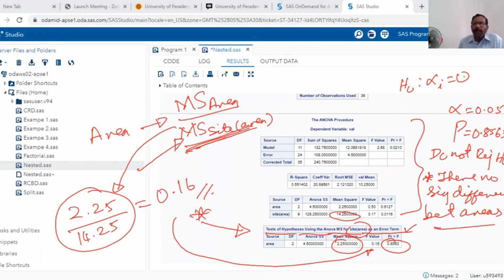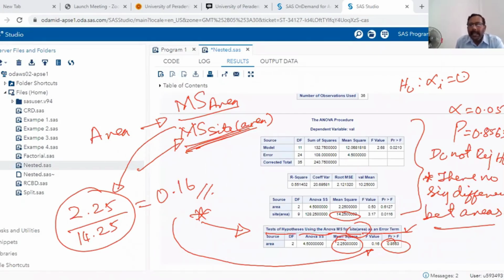This is my conclusion. There's no significant difference between areas. On what do you have to tell? Maybe yield or value. There's no significant difference in yield among or between different areas. That is how we interpret it.